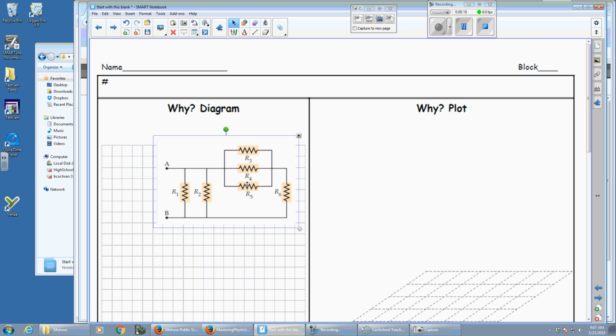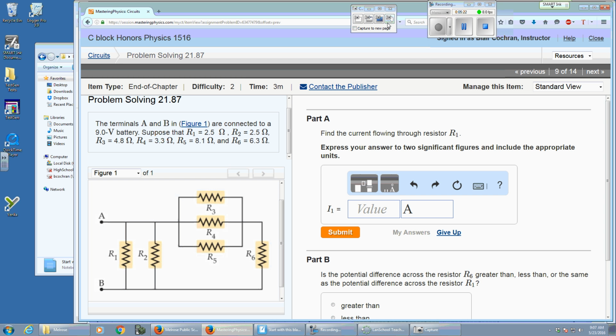I'm just getting my parts so I don't have to keep flipping back.